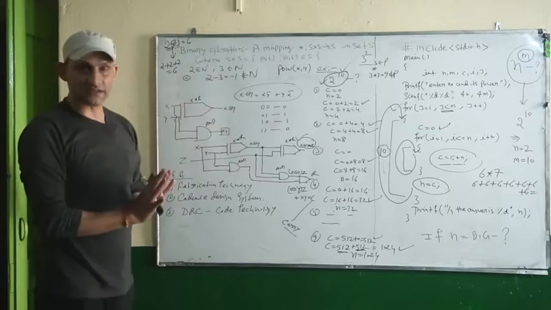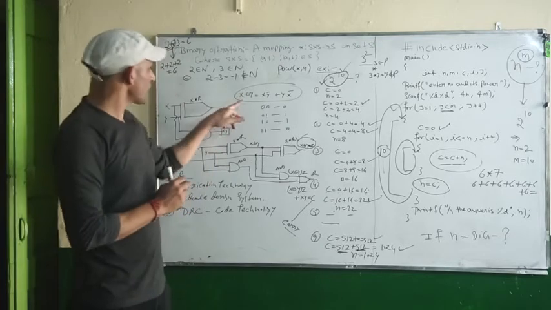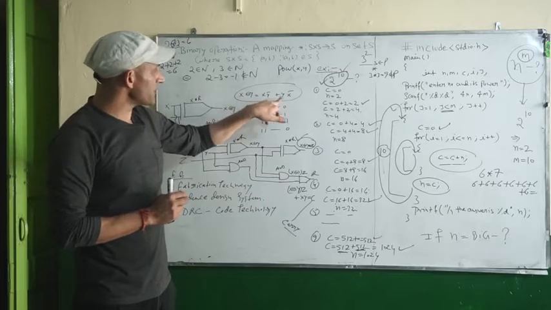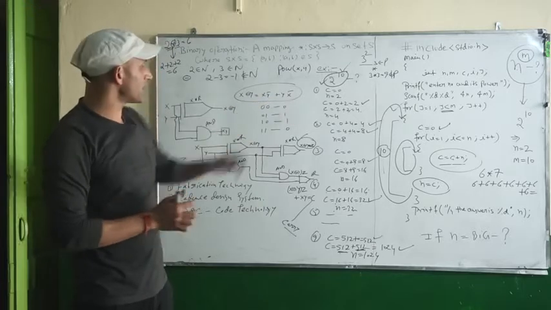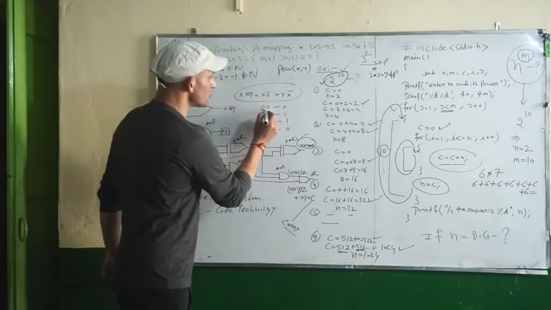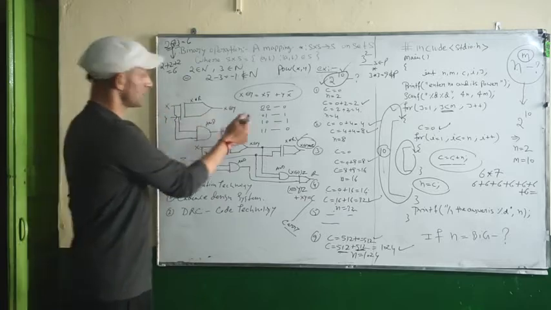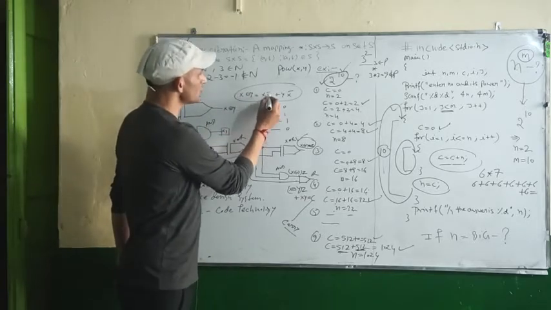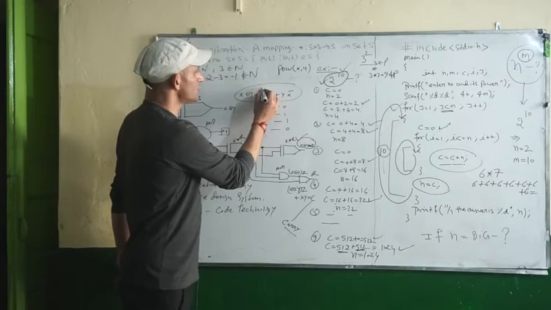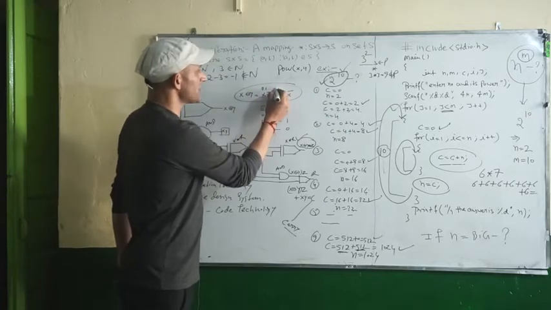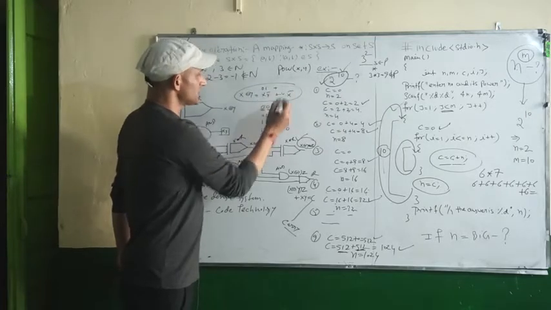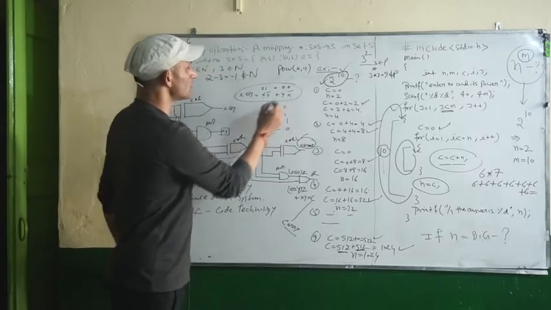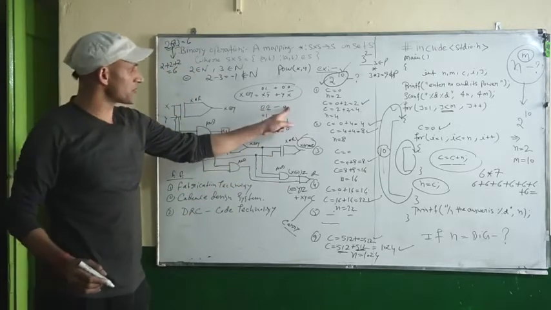At first we will discuss the XOR gate. x operation y is equal to x y complement plus y x complement. If you put 0 and 0 for the XOR gate, what will you get? 0 into 0 complement is 0 into 1, which is 0, plus 0 into 1 complement which is 0. So you get 0.